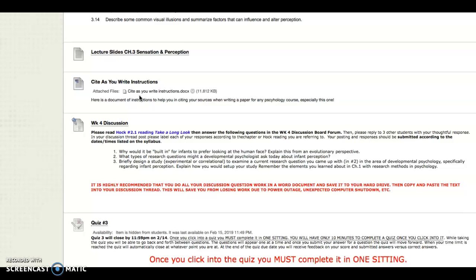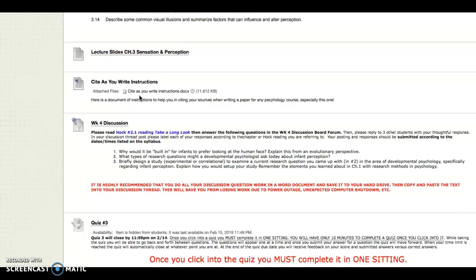This week's reading will be based on chapter 3, as well as Hawk Reading 2.1, which is called Take a Long Look. This is reading that deals with what infants prefer to look at, so preferential looking behavior in infants, explaining why the human face is preferable to any other object for infants, and do so using the evolutionary perspective.